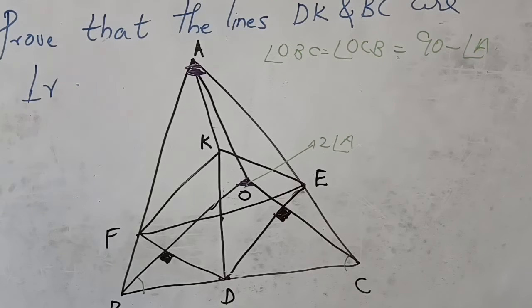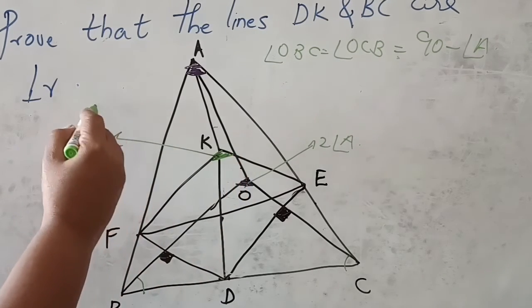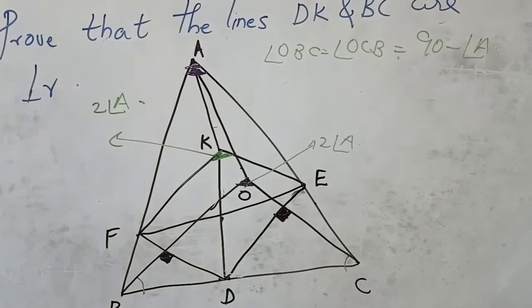Now let us see which other angle I can find out. Now I know that in triangle AFE, K is a circumcenter. So what is the value of the angle FKE? It will be again equal to 2 angle A. Am I right? Okay.